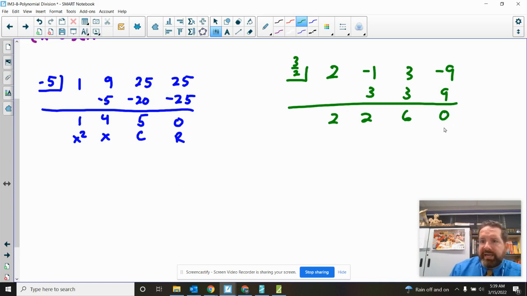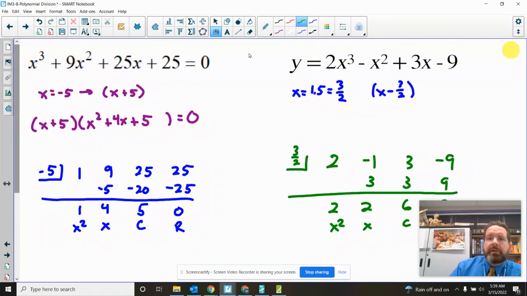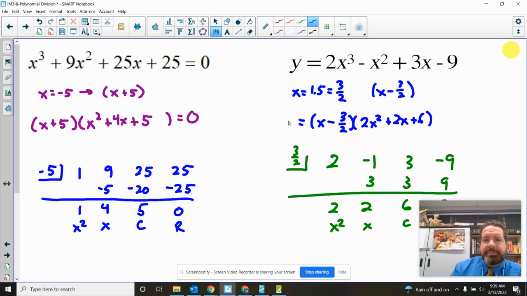Okay, so it divided evenly, constant, x squared. So here is what we have: x minus 3 over 2 times 2x squared plus 2x plus 6.